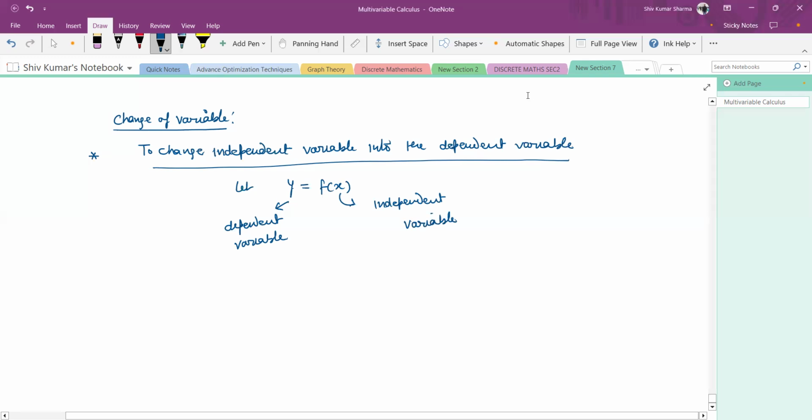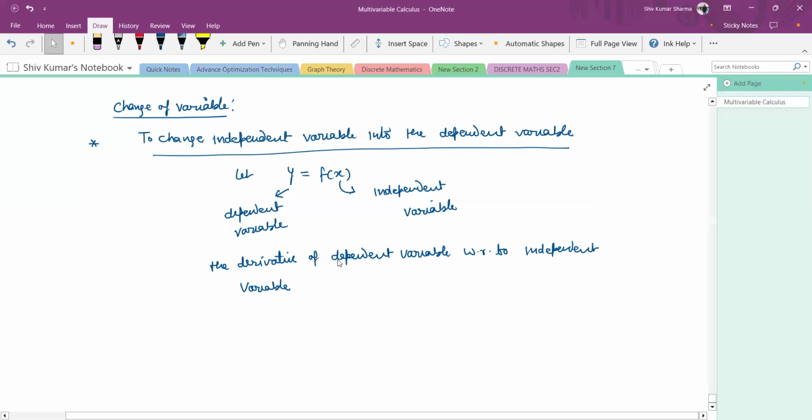Okay. So we have a derivative. So we always take the derivative of the dependent variable with respect to the independent variable. So we write down the derivative of the above function y equal to f(x).